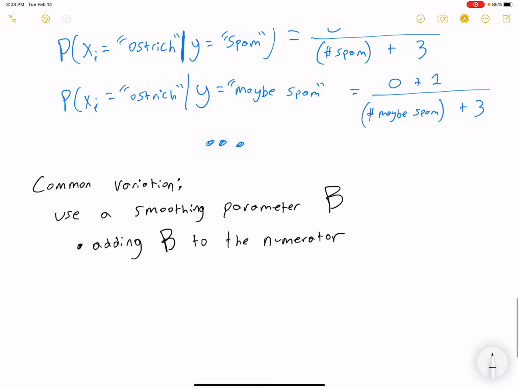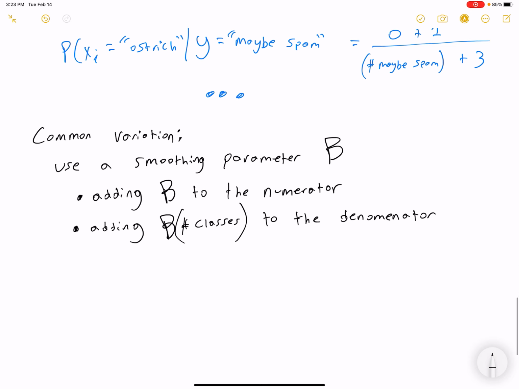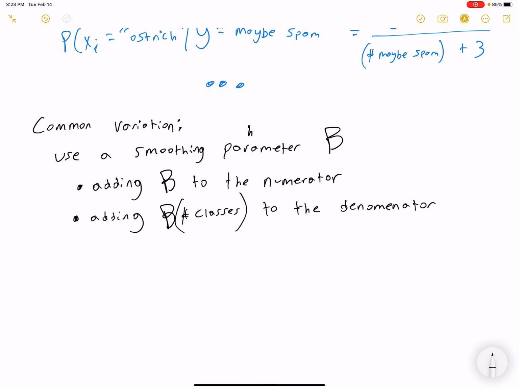It basically tells you how much to smooth, and you add that parameter times the number of classes to the denominator. Actually, hyperparameter is more correct.